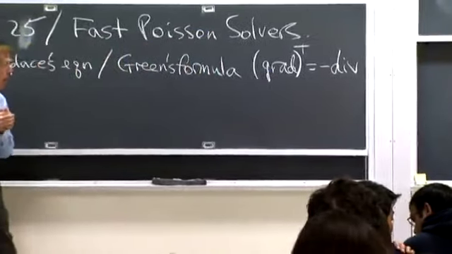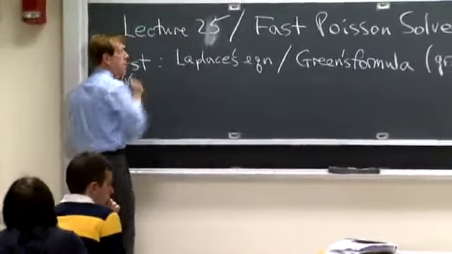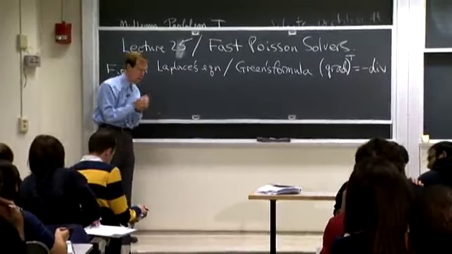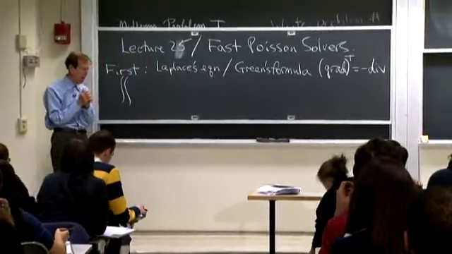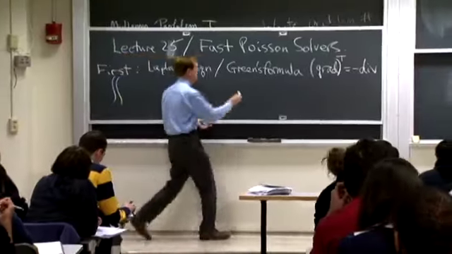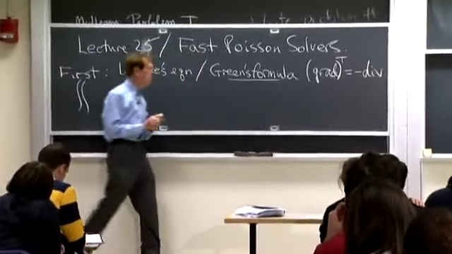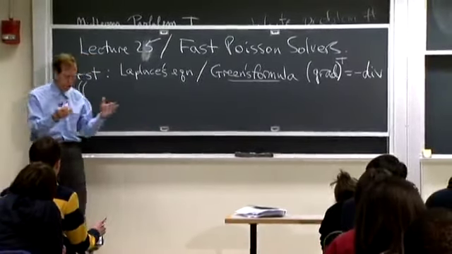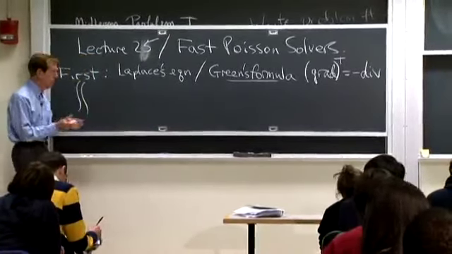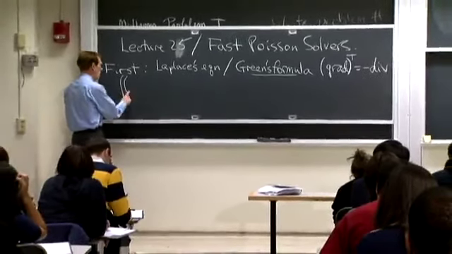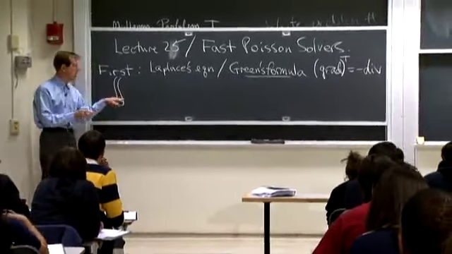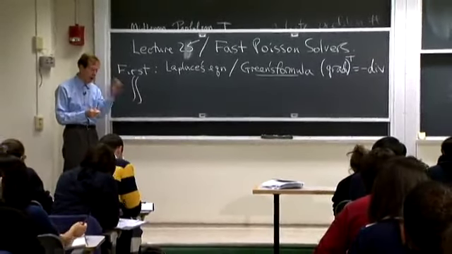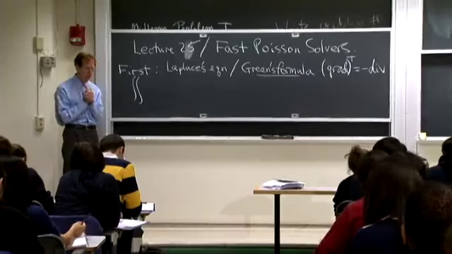Okay. And before I get to the fast Poisson solvers, there's so much about Laplace's equation to say, and I think it still remains to write Green's formula on the board. And that's sort of the core, the part of the big picture of Laplace's equation is to see this. So we have double integrals now, that's the difference, but we're still integrating Au against w.